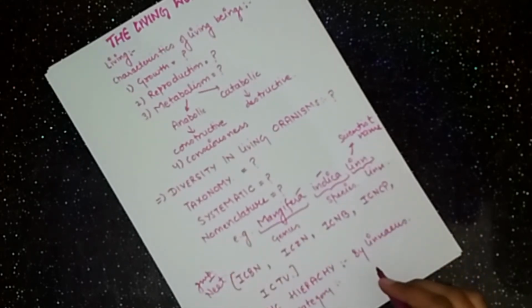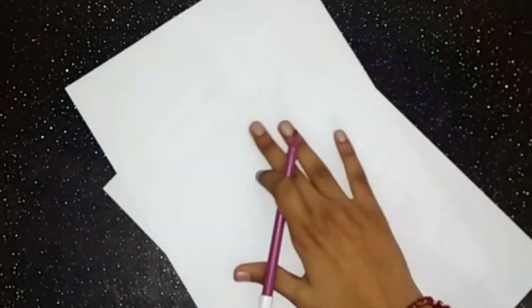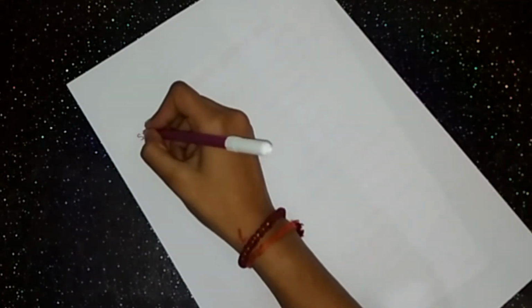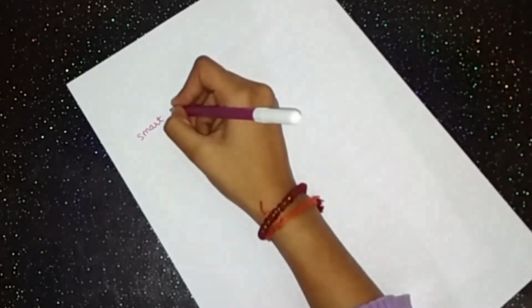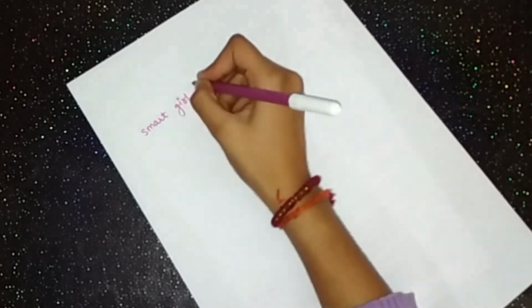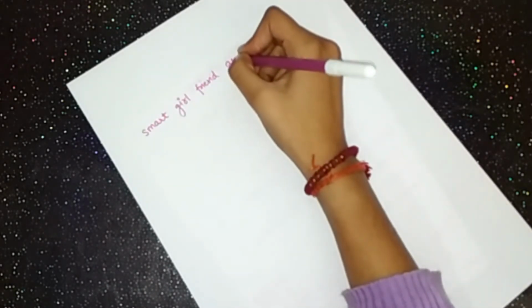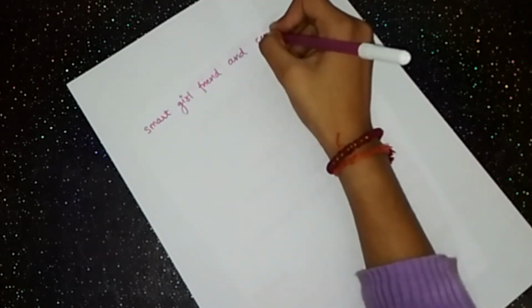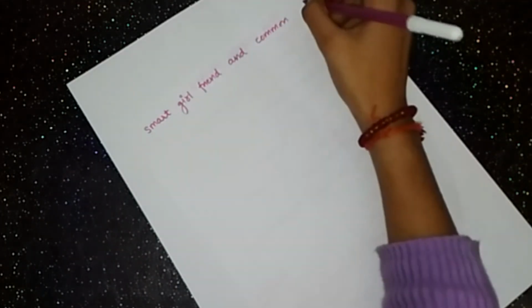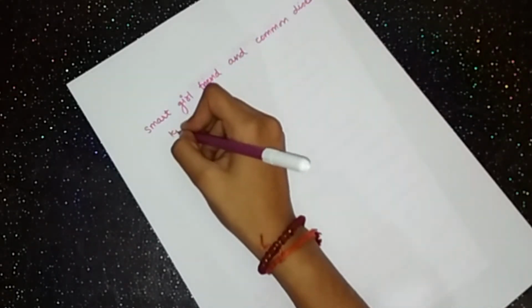Here I am telling you a simple trick about it. You can write: Smart, girlfriend, and common disease kills quickly.